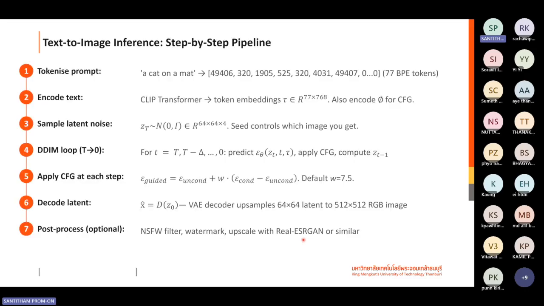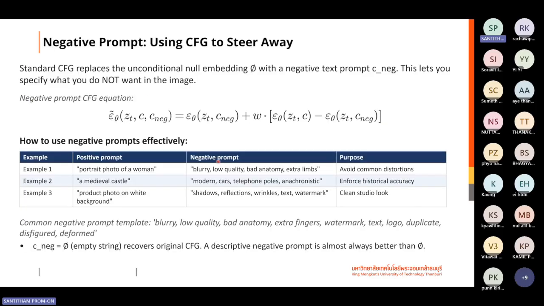So you can see that I put here the encoding of the empty prompt to produce the unconditional and the conditional predictions. But as I said, you can also put in the negative prompt, replacing the empty prompt with the negative. This gives the contrastive difference of the noise prediction.